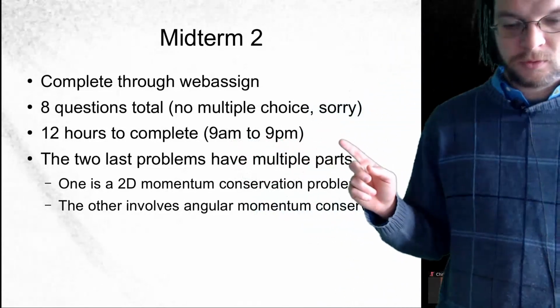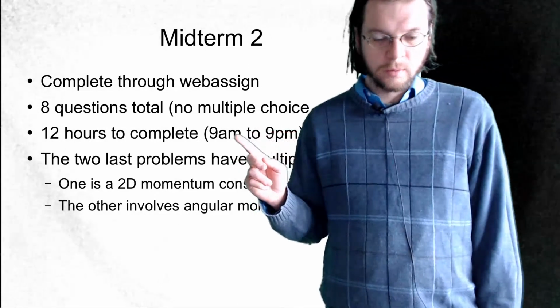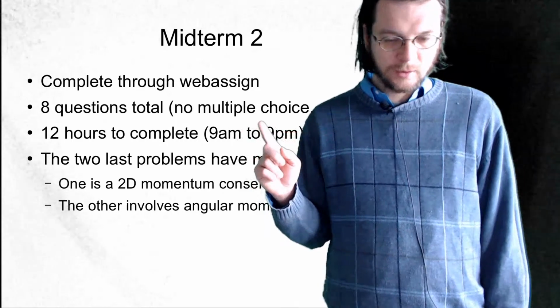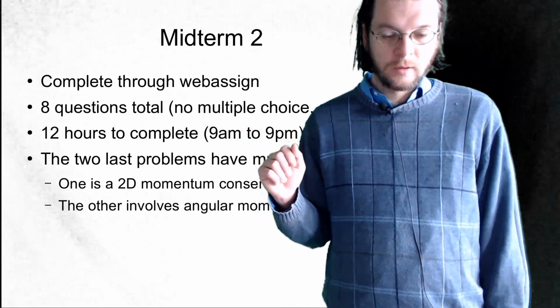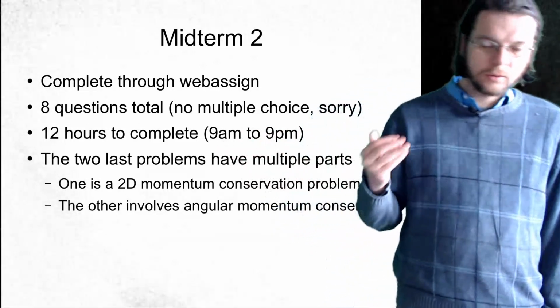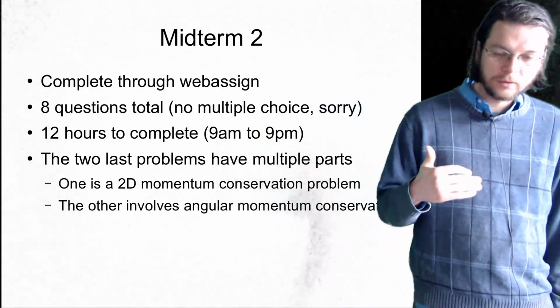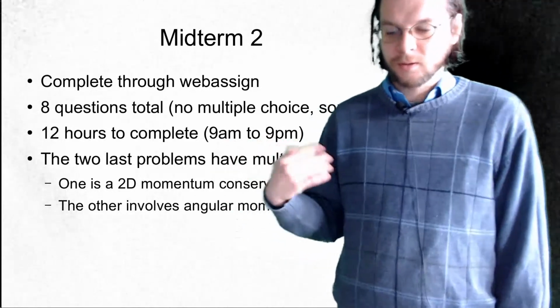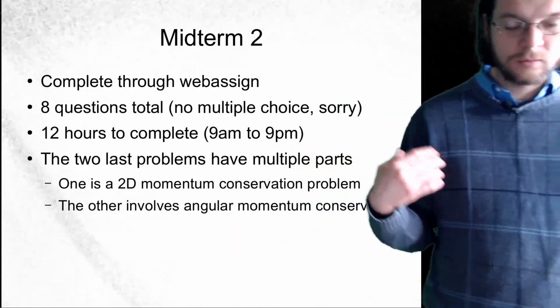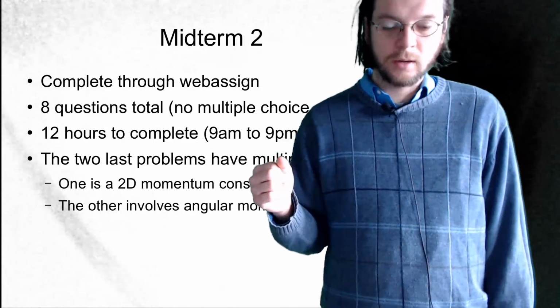None of them are multiple choice, sorry. But I'll talk about other things that are a little bit more forgiving than a normal exam in a second. There's 8 questions total, and some of the questions have multiple parts. For example, the last 2 questions have multiple parts. They're basically adapted from the open response in the original midterm 2 that I had.